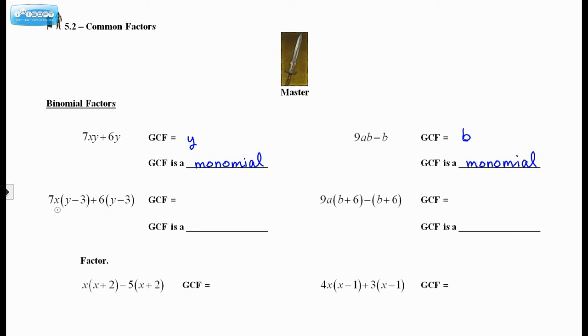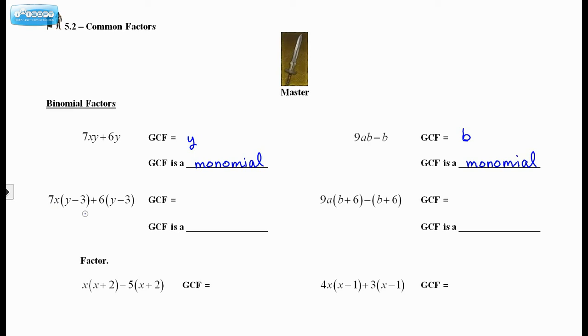I have 7x times y minus 3 plus 6 times y minus 3. Now, whenever you see a bunch of stuff in brackets, in this case a binomial, think of it as one item, like a basket of food. You think of it as one basket as opposed to all the individual food items inside.